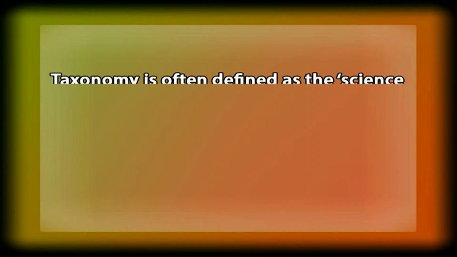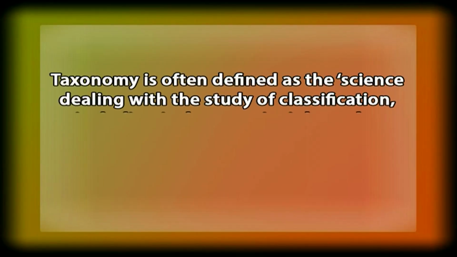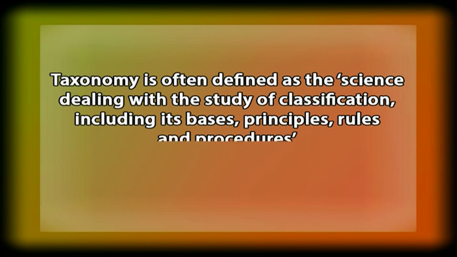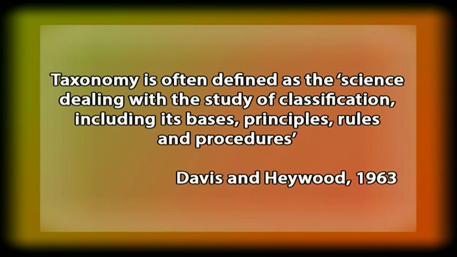Since identification and nomenclature are important prerequisites for any classification, taxonomy is often defined as the science dealing with the study of classification, including its basis, principles, rules and procedures. The scope of taxonomy has however been enlarged in recent years to make taxonomy and systematics synonymous.